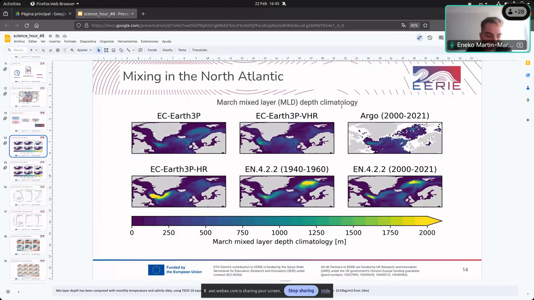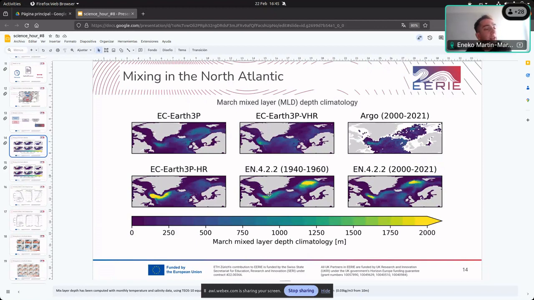Yeah, the criteria I use for all of them, except for Argo, which is already provided by them and is not directly comparable at all, is that I took monthly 3D temperature and salinity, just to compare with the observation. Then with this monthly data, I computed the sigma 0 density with the TEOS-10 equation of state.